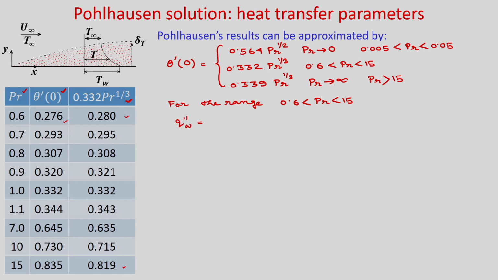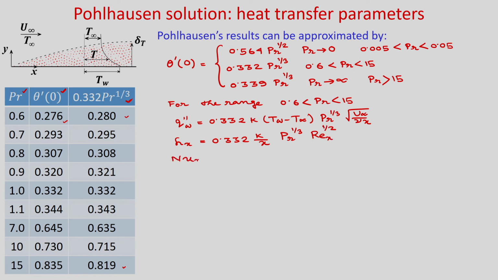If you put the value of theta prime 0 as 0.332 Prandtl number to the power 1 by 3, you can write 0.332 k (Tw minus T infinity) Prandtl number to the power 1 by 3 root (u infinity by nu x). Okay. The local heat transfer coefficient you can write as 0.332 k by x Prandtl number to the power 1 by 3 Re x to the power half.